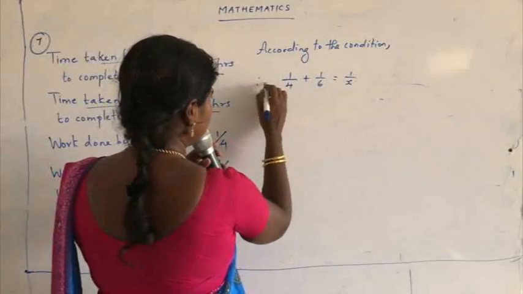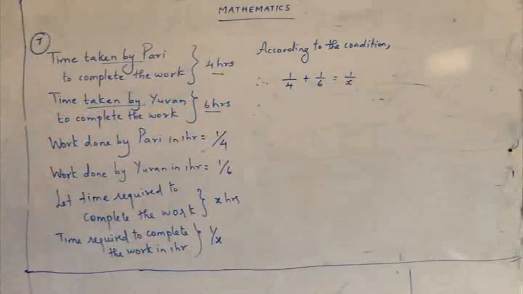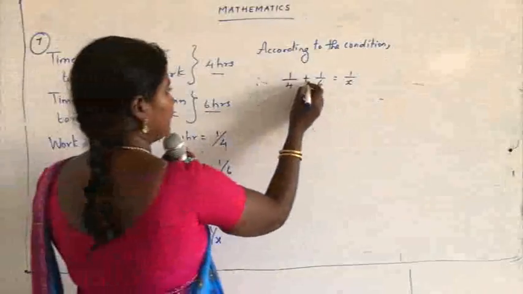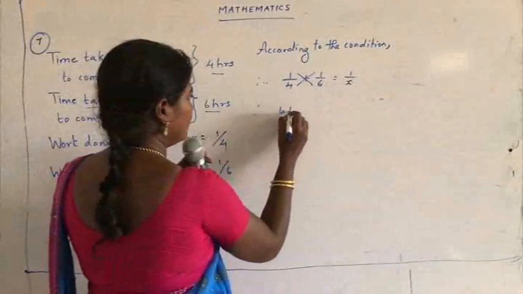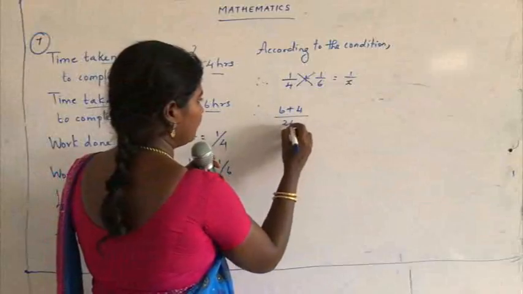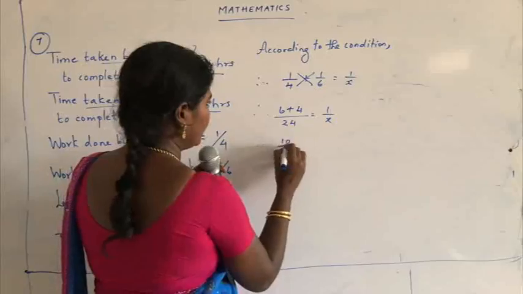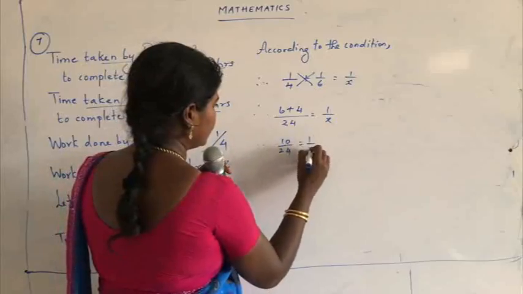Just solve this expression. Simplify 1 by 4 plus 1 by 6. Cross multiply: 6 plus 4 upon 24 is equal to 1 by x. So you get 10 upon 24 is equal to 1 by x.